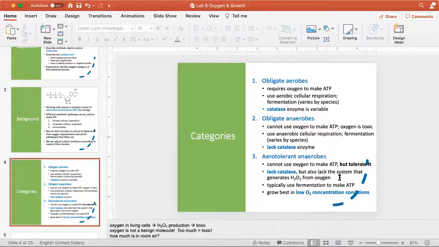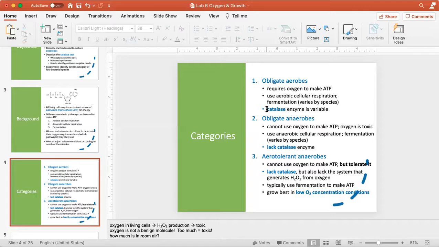All right. The other thing I have listed for the obligate aerobes is this. They also tend to have an enzyme called catalase. And this is that test we're going to look at today. The catalase enzyme is an enzyme that breaks down a toxic molecule called hydrogen peroxide.